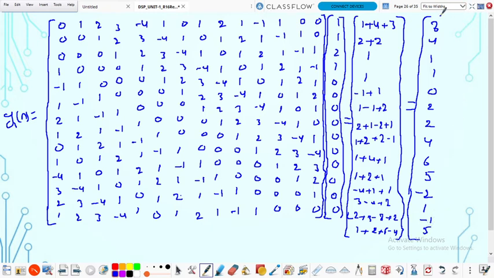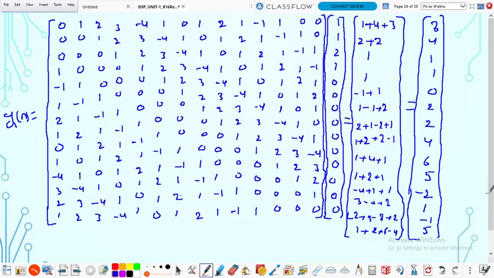Totally 14 samples. Once again I will count, total 14 samples, not 8: 1 2 3 4 5 6 7 8 9 10 11 12 13 14. So this is the sequence y1 of n.